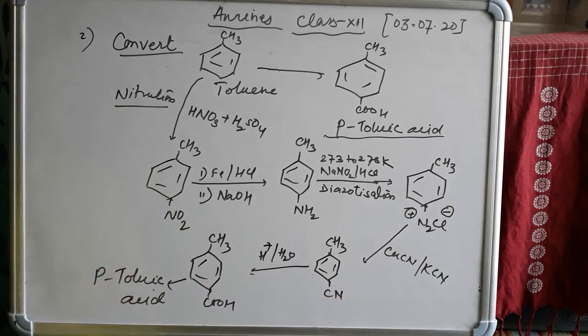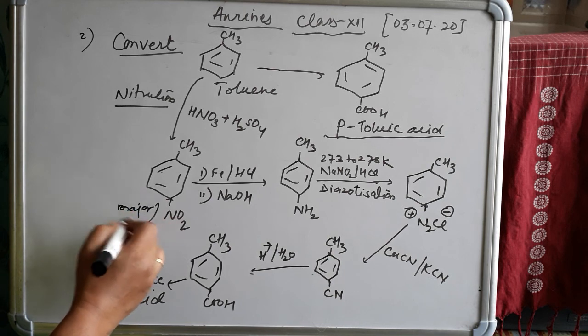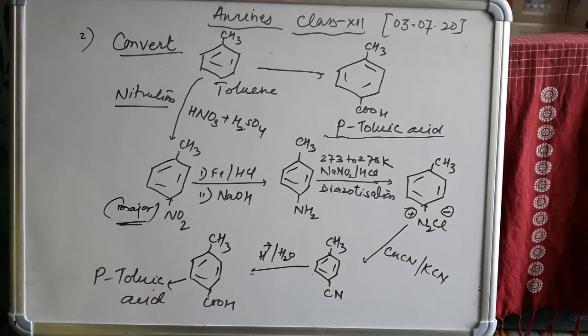In this way we can prepare it. Here ortho and para, both nitro compounds will be obtained, but we always consider the para position because of symmetry and less steric hindrance.